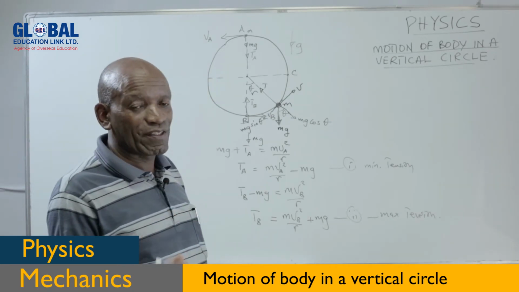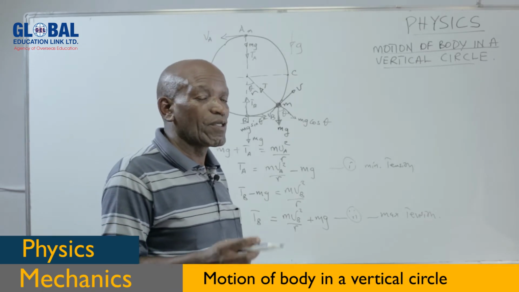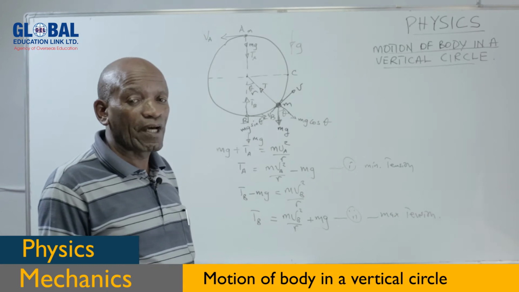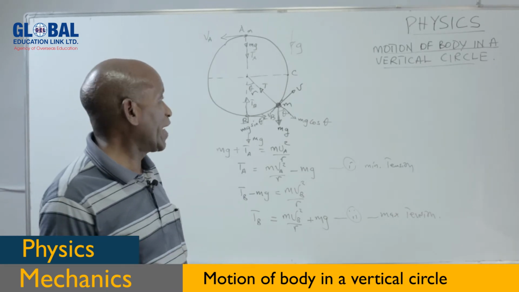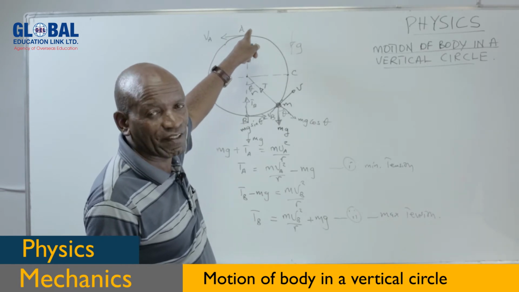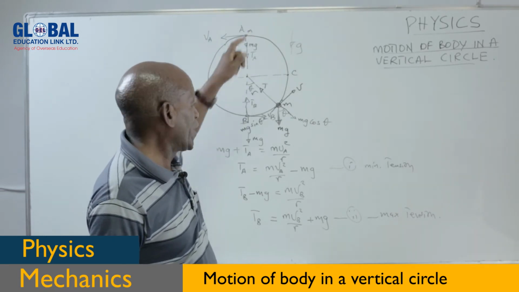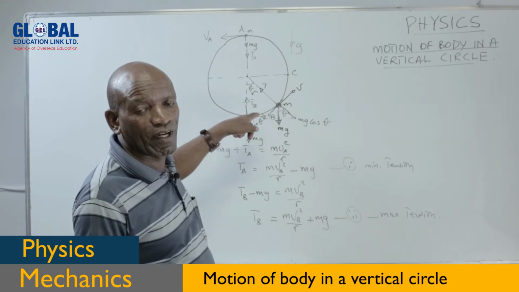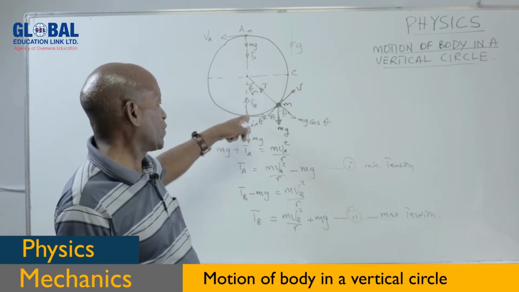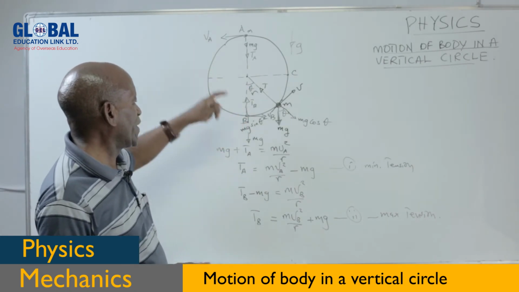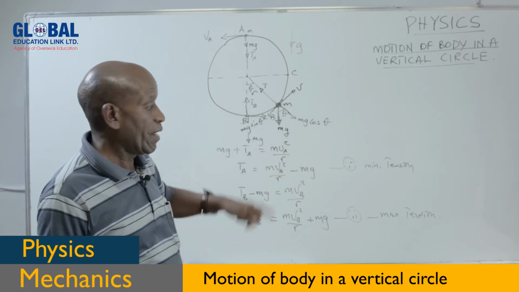And for that particular case, that situation could help us understand what kind of velocity is obtained whenever a body is passing at the highest point, and what kind of velocity whenever it is passing at the lowest point. So we could determine what is v_A and what is v_B.